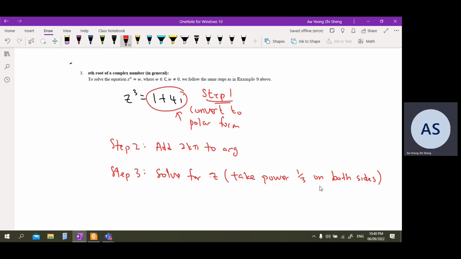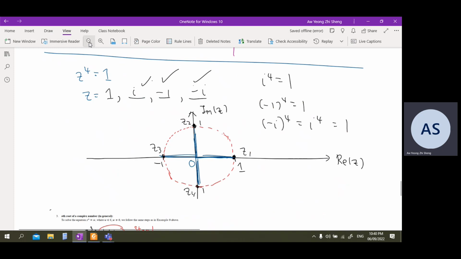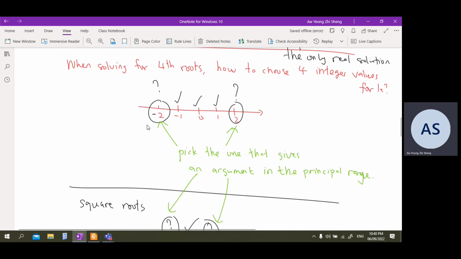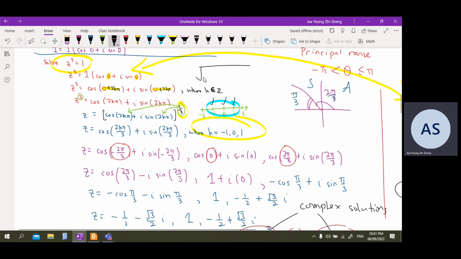And here to avoid confusion, I don't prefer people to use cube roots. I mean the cube root symbol here. Like when we take power 1/3, just now in example 9, I would prefer people to write power 1/3 rather than writing cube root of cos 2k pi plus I sine 2k pi.